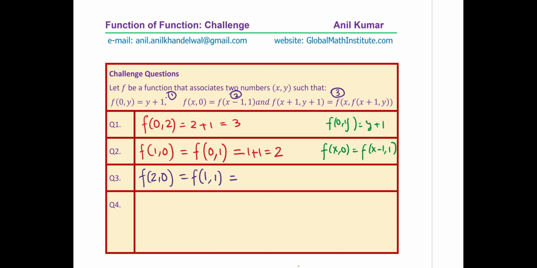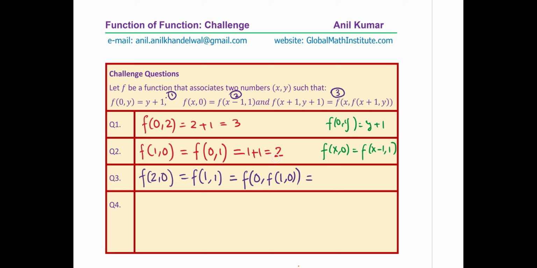Now we have 1, 1. So none of them has 0. So we have to use the third formula. In the third formula, it is equal to f where x is reduced by 1. So 1 less than 1 is 0. And then we have a value of the function where x is same and y is now reduced by 1. So 1, 0. You get the idea.